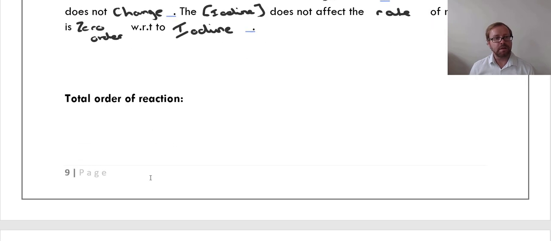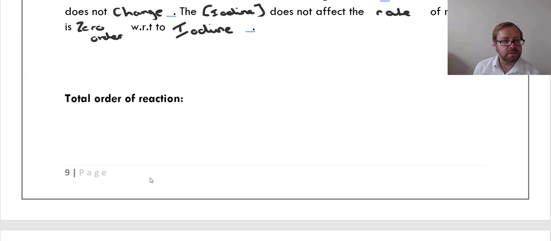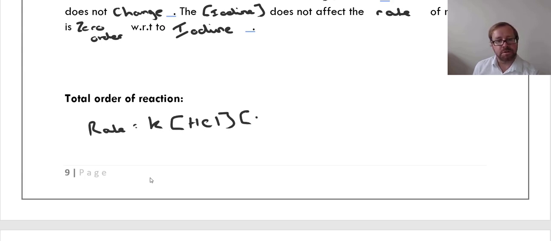So the total order of the reaction is, and the rate equation, so my rate equation would be rate equals K, first order of HCl, first order propanone, and 0 order with iodine, so I don't include that.